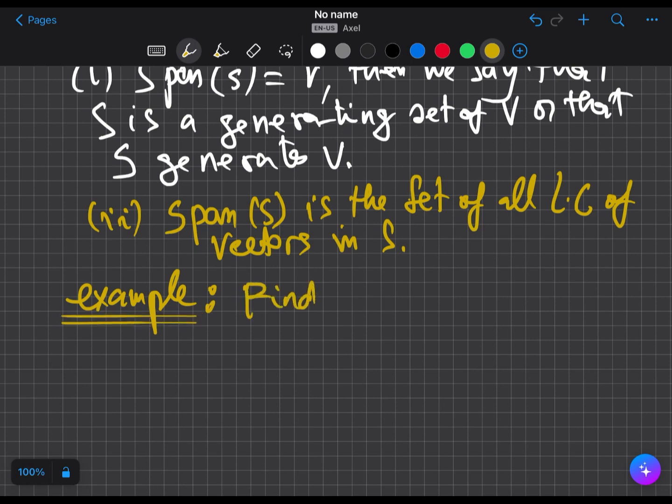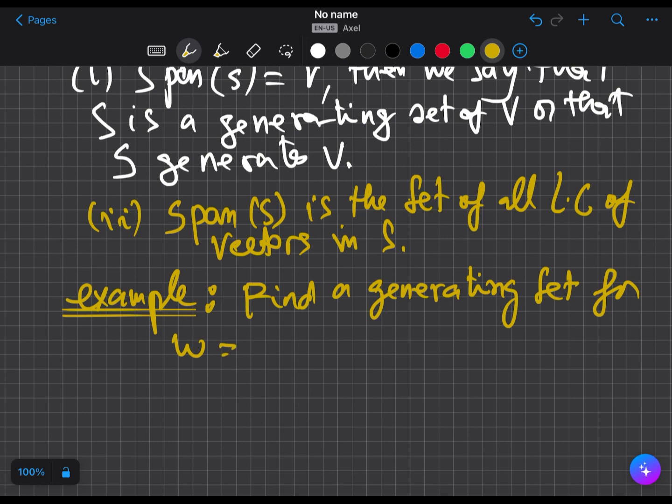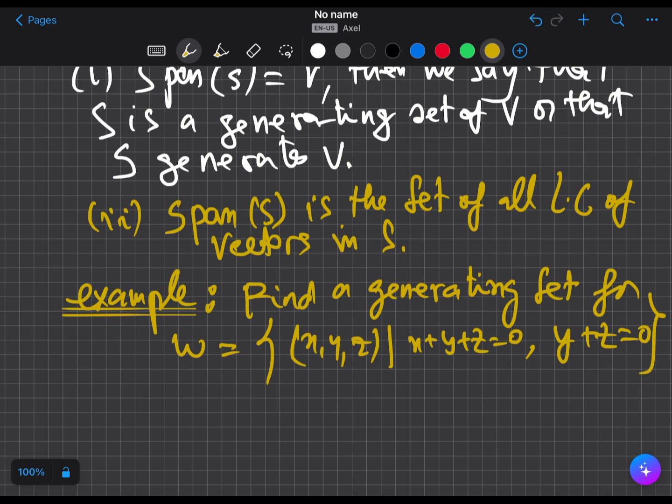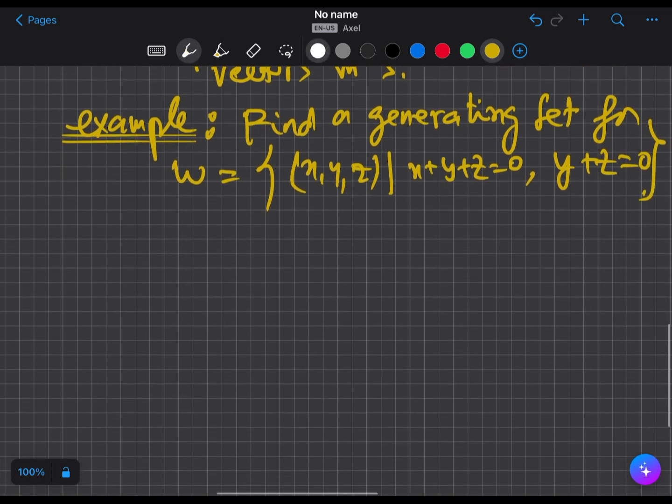Find a generating set for W equals {(x, y, z) : x plus y plus z equals 0, and y plus z equals 0}. Okay, how will we solve that? Solution.